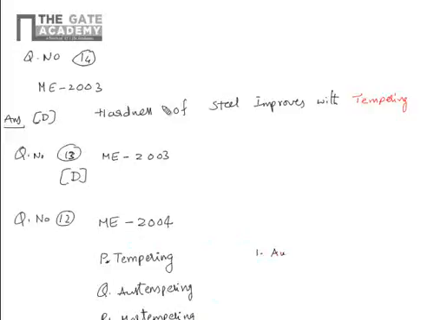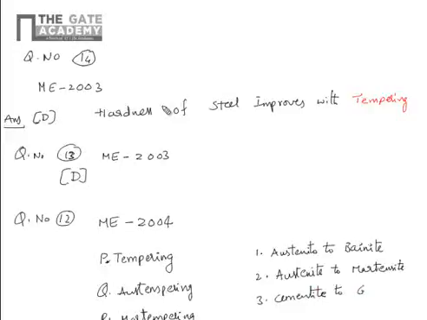So one is austenite to bainite. In that process conversion, austenite to martensite, cementite to globular structure, both hardness and brittleness are reduced, carbon is absorbed into the metal.